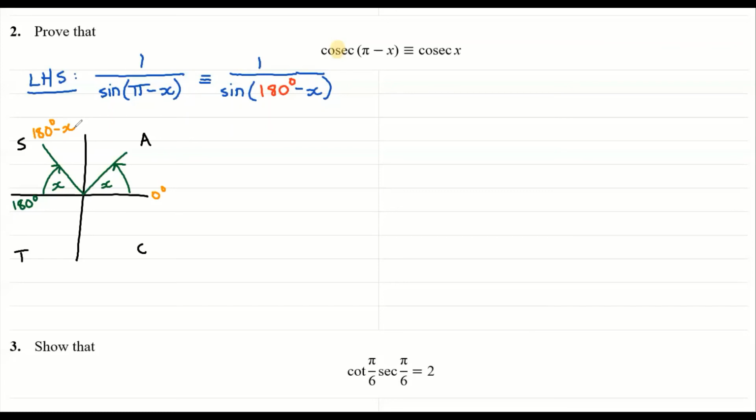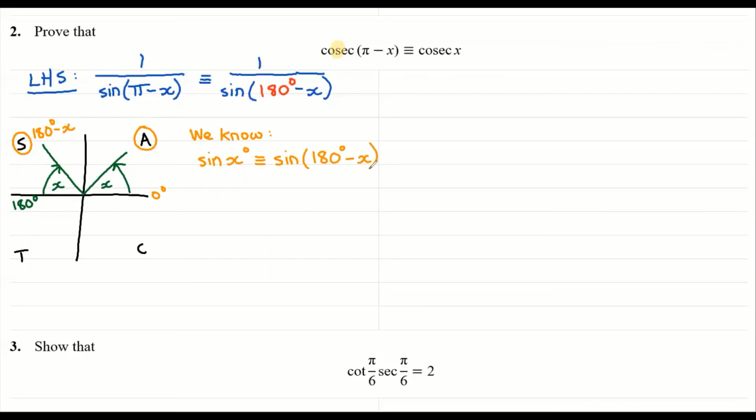So we know that sine in this quadrant is positive, and sine in the first quadrant, labeled A for all, is also positive. So we know that the sine of x degrees is absolutely the same as the sine of 180 degrees subtract x degrees.